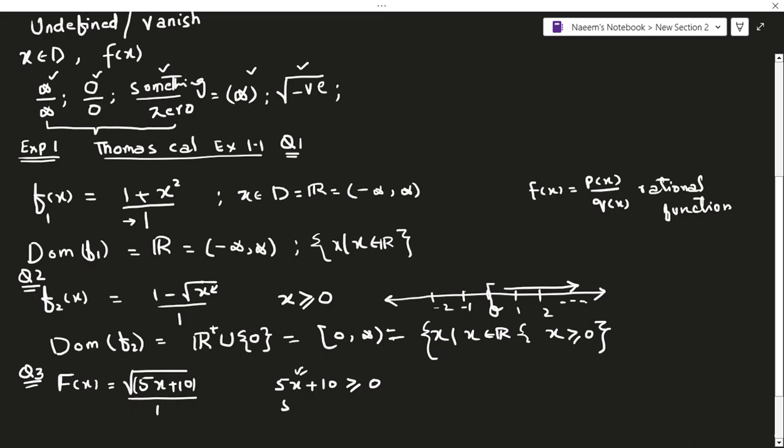What will be x? This is an inequality, so 5x plus 10 will be greater than or equal to 0, so 5x is greater than or equal to minus 10, and solving for x, x will be greater than or equal to minus 2. This means you can plug in any real number greater than or equal to minus 2.